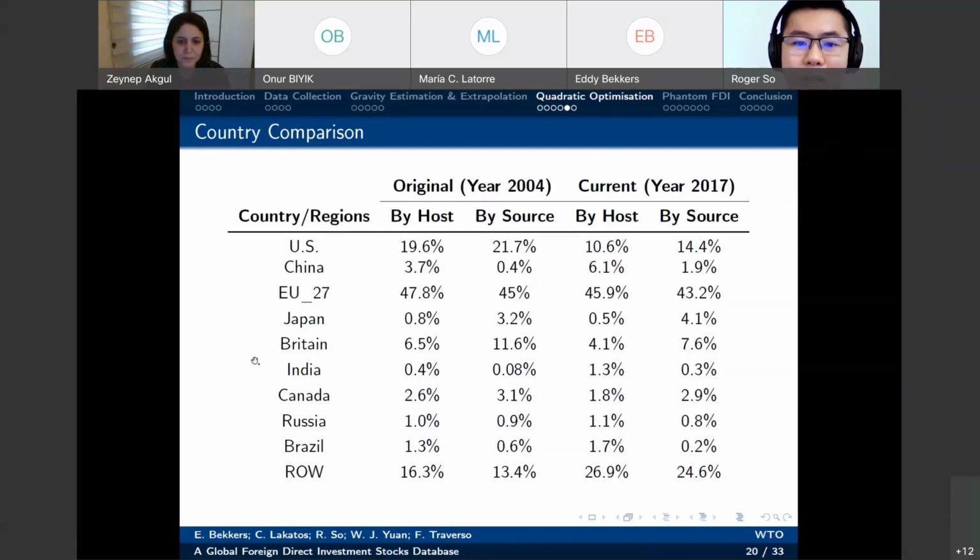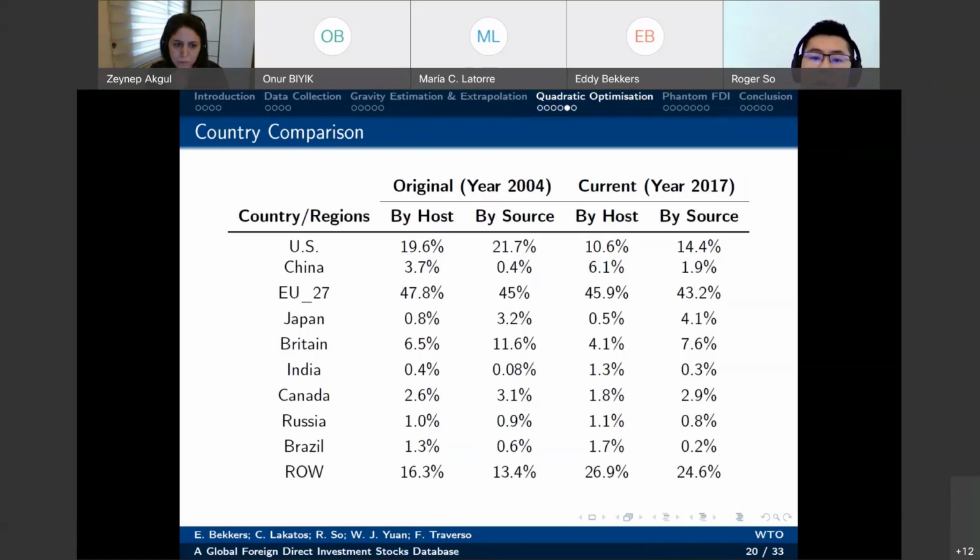And I think you also asked why the EU and the other countries didn't seem to change so much. As I've mentioned, this is an update on stock. So even if you see the changes, for instance, let's take China, from 3.7 to 6.1, this is still quite significant because we're talking about the stock, which is the cumulative investment. You can think of it as dating back over the last 40, 50 years.